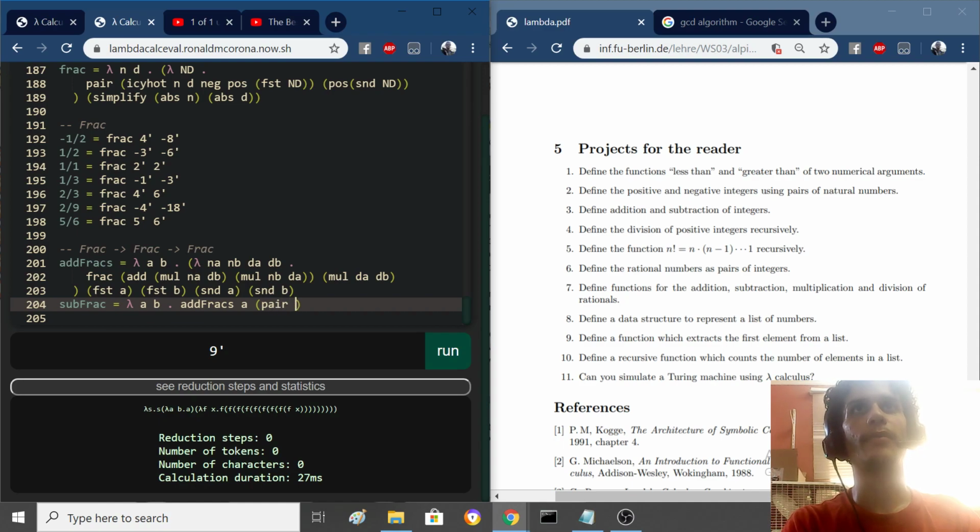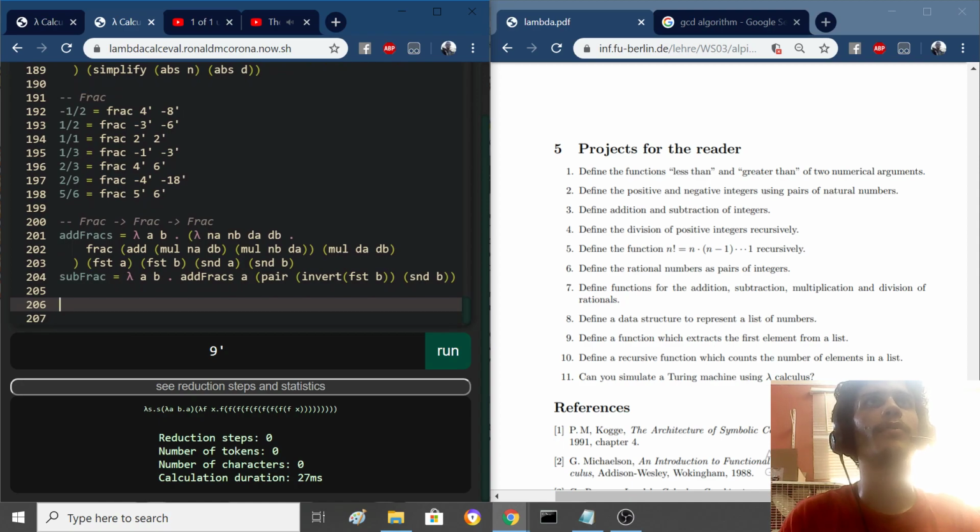For now it can be a pair because once you subtract it, it will end up being a simplified fraction anyway. So no need to simplify in the middle. That would be inefficient. So that part stays the same, and we could simply flip the numerator. So invert first B. Alright, and I think that'll be it for subtracting a fraction.